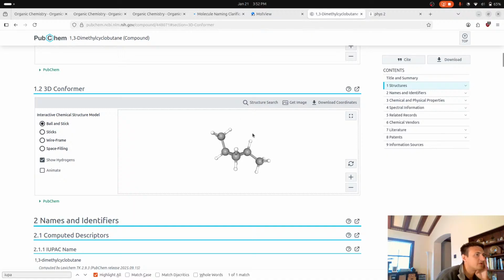Okay, but if we were to look at this, it definitely is the fact that they're not equal. Like the angle between, if you draw this HCC angle versus this CCC angle, or actually if you draw this CCC angle and this CCC angle, they're different.